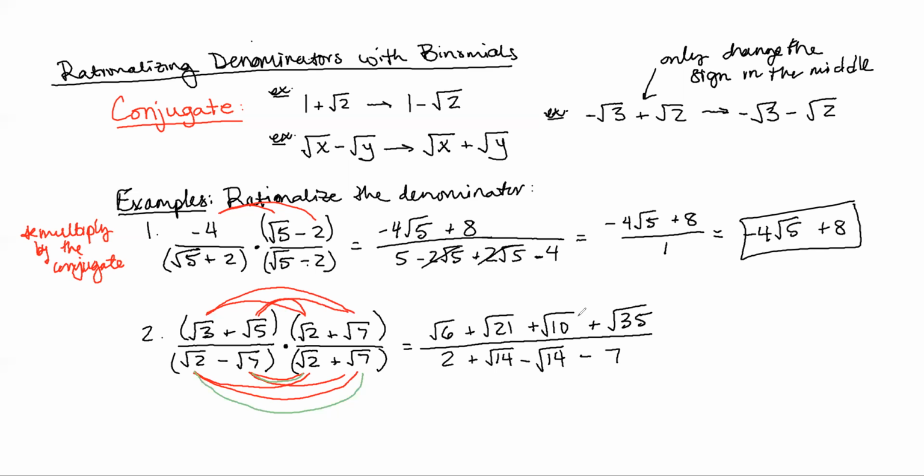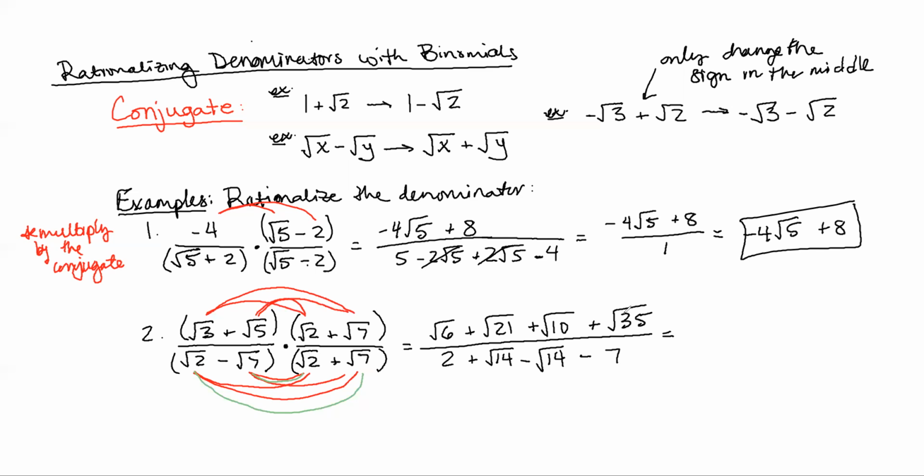All right, let's combine some like terms or simplify radicals. On top, we have a 6, which cannot be broken down into perfect squares because we only have 1 and 6 or 2 and 3. 21, again, it's either 1 and 21 or 3 and 7, not perfect squares. Same thing with 10, 1 and 10 or 2 and 5.